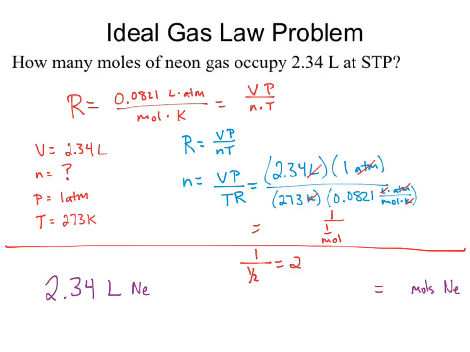Mathematically, that comes out to be moles in your numerator. We don't have to do anything with our number. All we've got to do is punch that into the calculator: 2.34 times 1 divided by 273 divided by 0.0821, and we have our answer. This format works for all gas expressions.